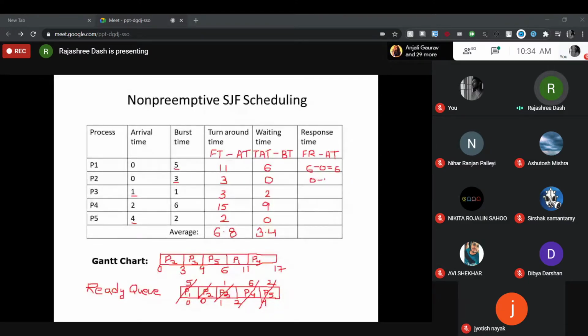For P3, 3 minus 1, that is 2. For P4, 11 minus 2, that is 9.